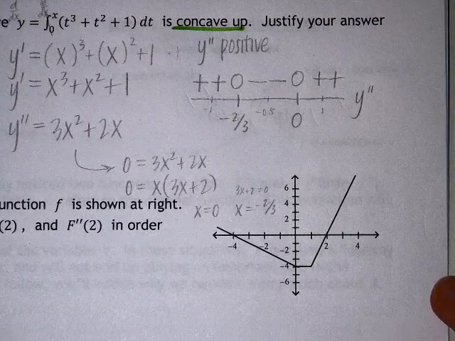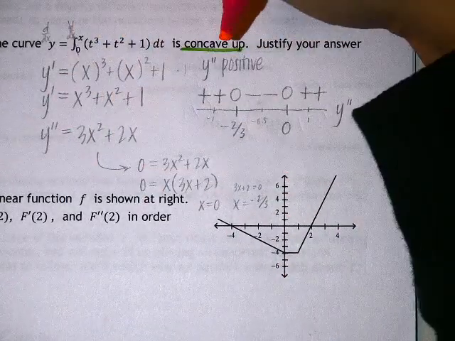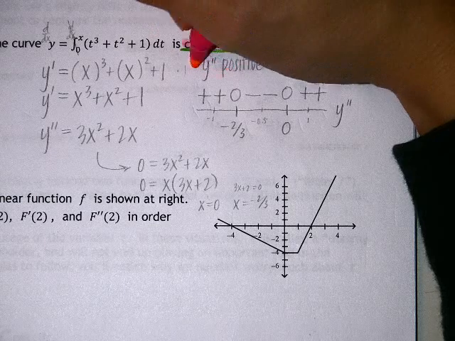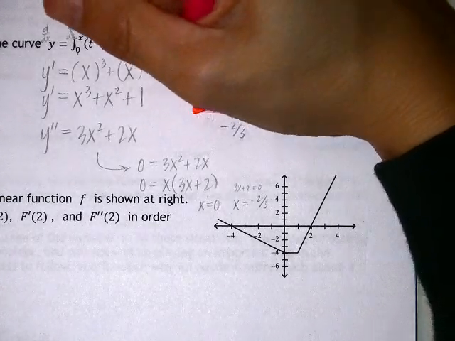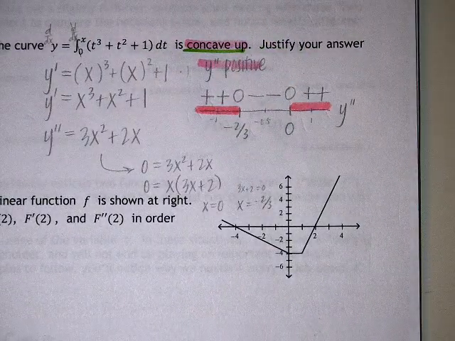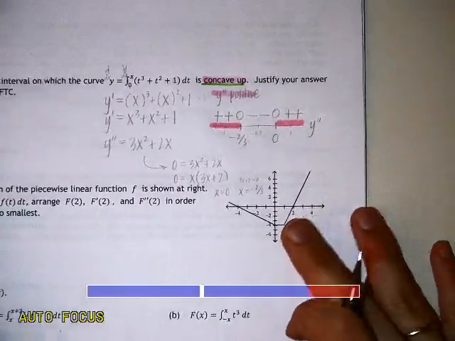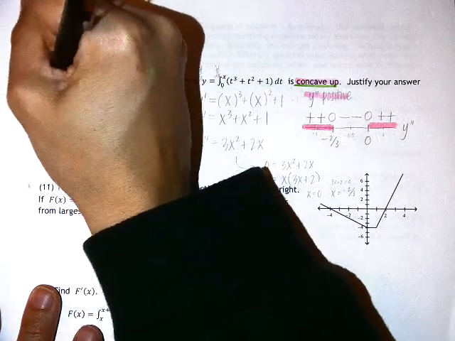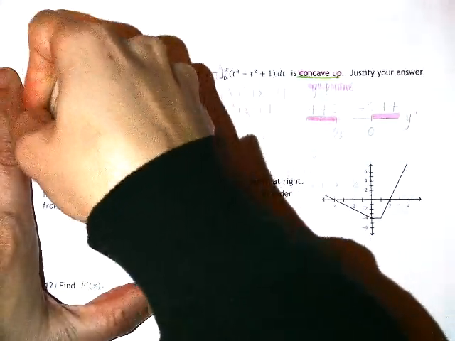So just to conclude, and this is where the vocabulary of these things is going to come out helpful, we are now concave up anywhere that the second derivative, y double prime, is positive. And it looks like according to my line chart, I have two sections where y double prime is positive. So it appears as though my answer, which I'll write over on the left just so I have a little bit of space, the way we technically phrase it is we say y is concave up.